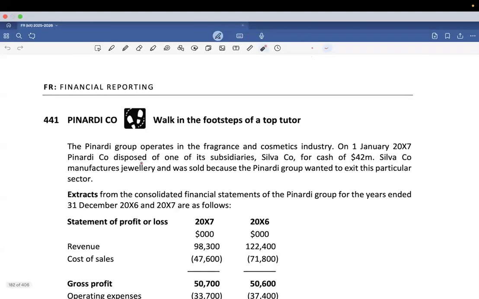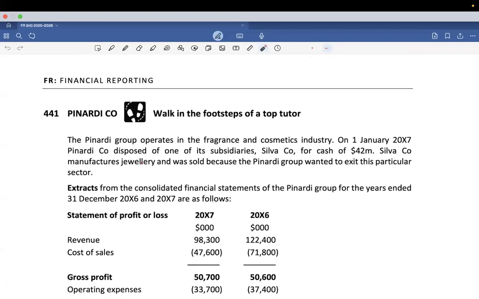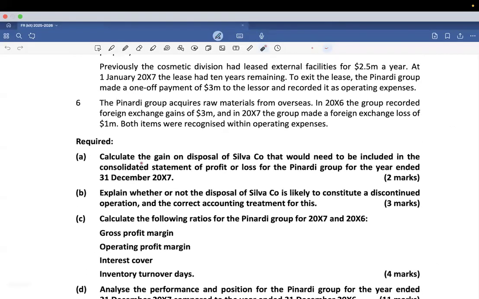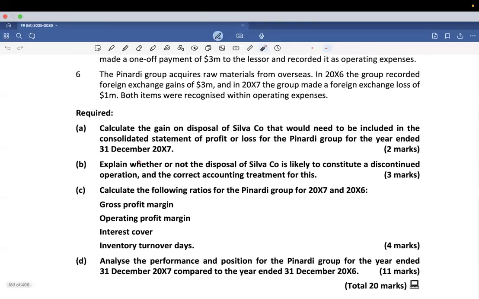I'm just repeating again. In any question that you're attending, the first and foremost thing that you do is skip right into the requirements and see what the requirements are about. The first requirement is for gain on disposal. Second, explain whether or not the disposal of Silva company is likely to constitute a discontinued operation and the correct accounting treatment for this.